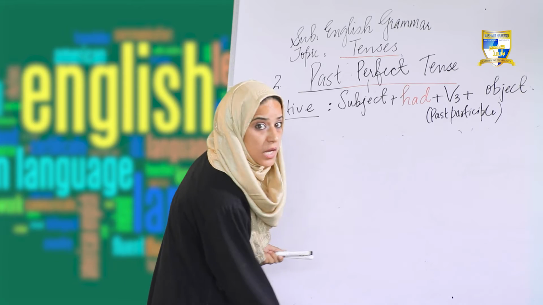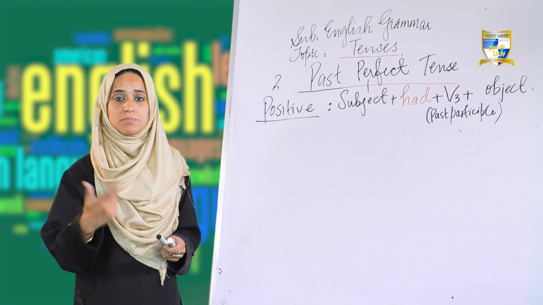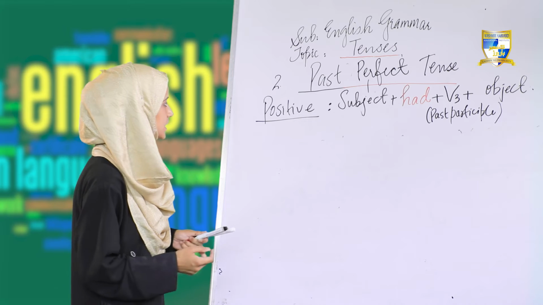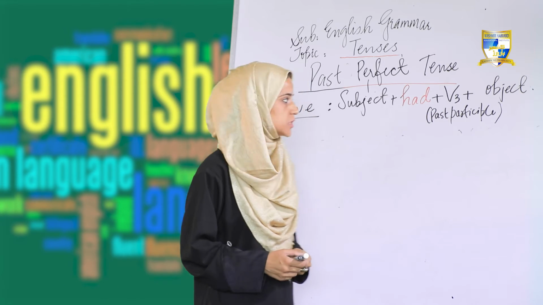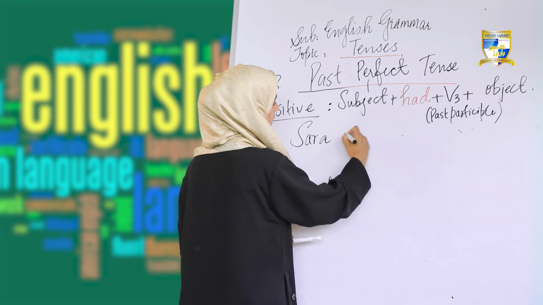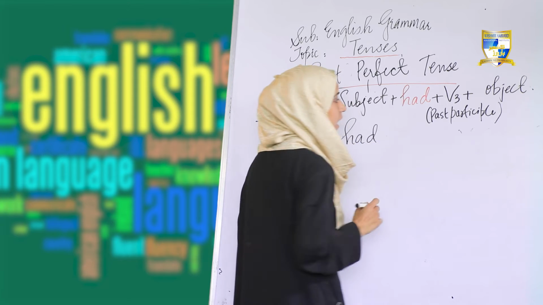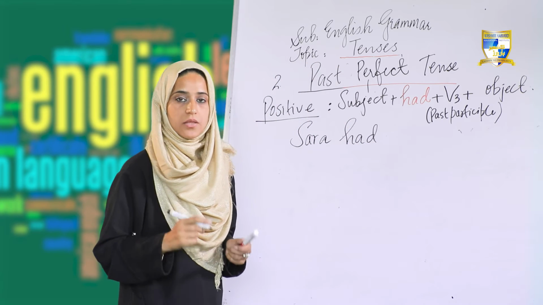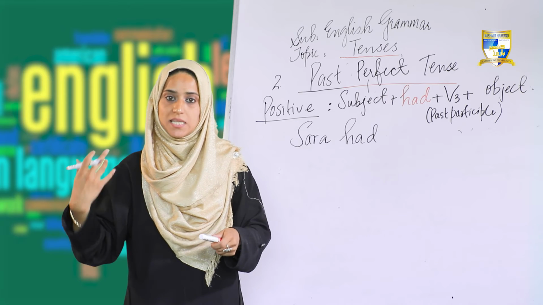So here we are talking about past perfect tense in a positive sentence. We take subject and had plus verb 3 plus object. Let's frame an example. Sarah had. I'm going to take the verb learn. The forms of learn are learn, learnt, learnt. You can also say learned.